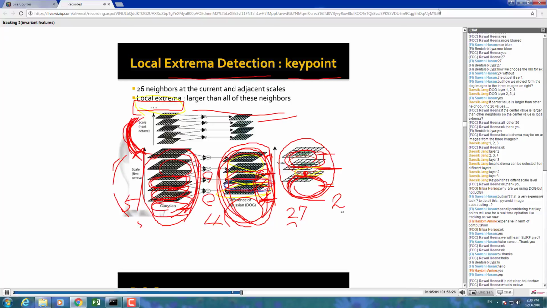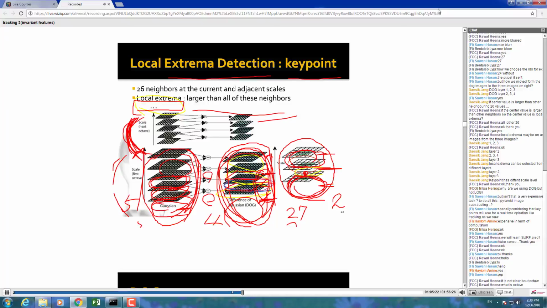So what is not clear for octave? One octave means the Gaussian scale space with one size, one resolution. For example, we start with the original image size.